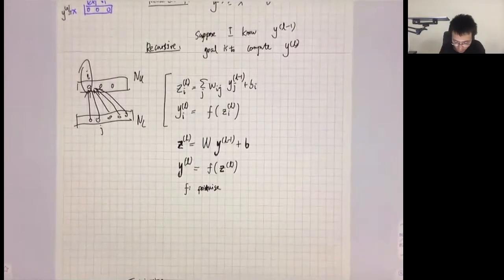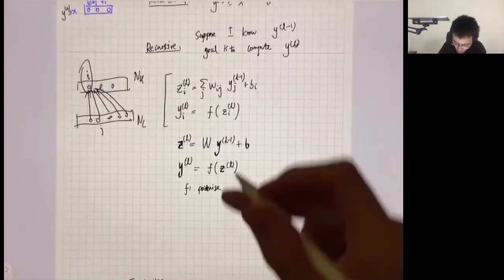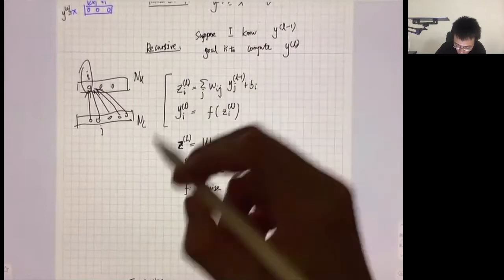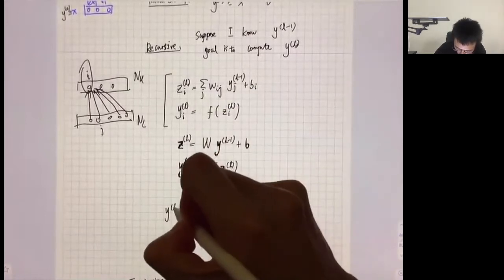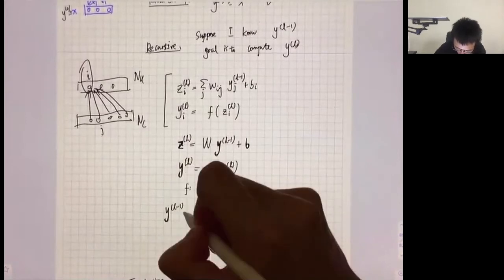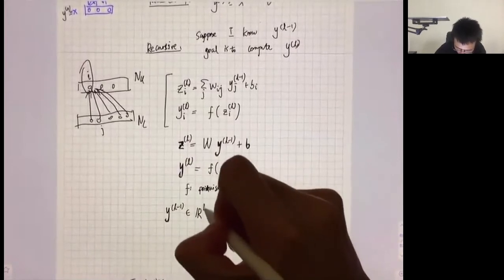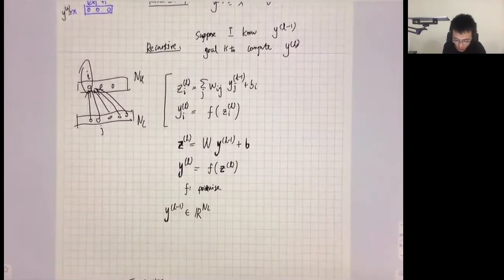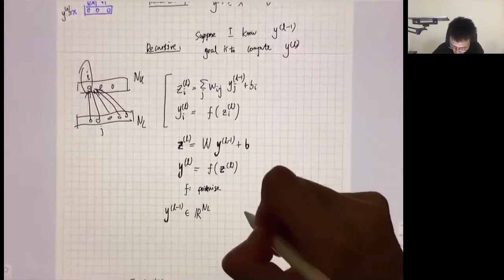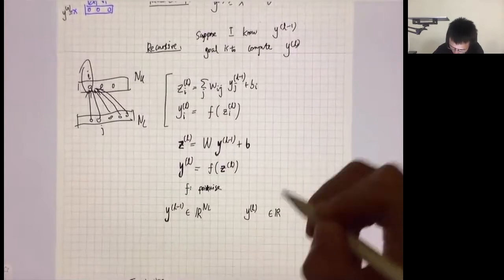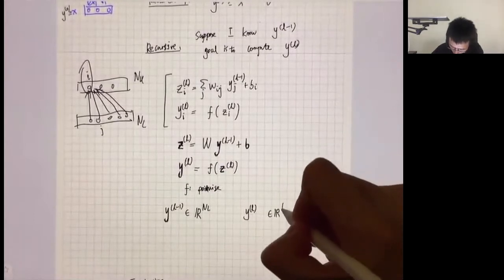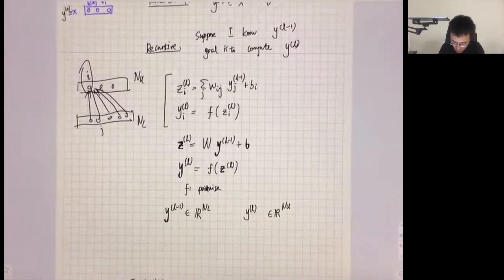Then the input, y L minus 1, has NL units, and the output YL has the number of upper units.